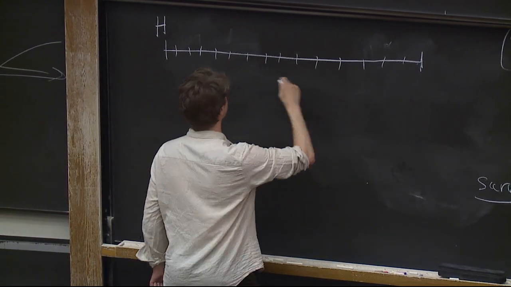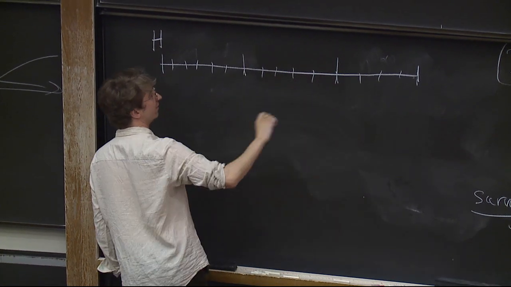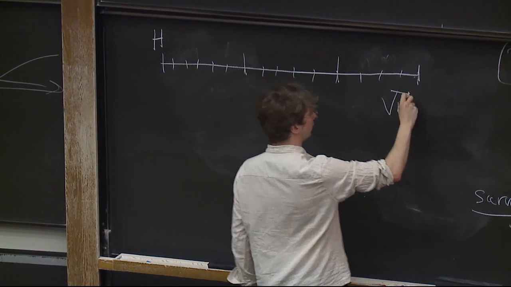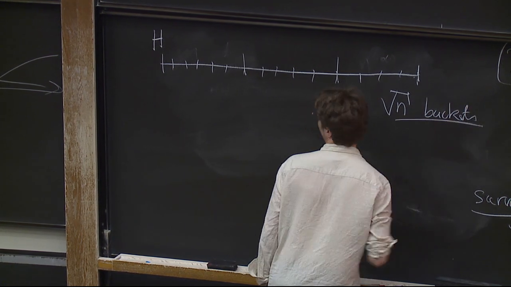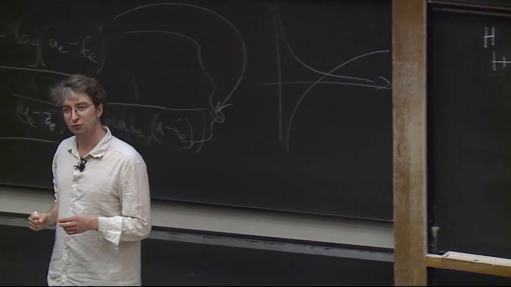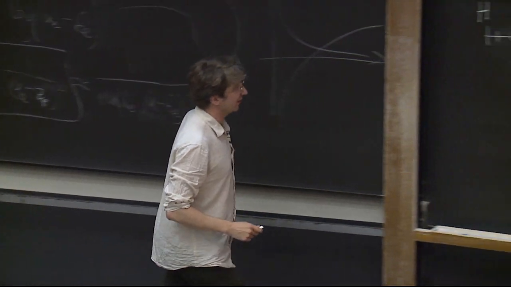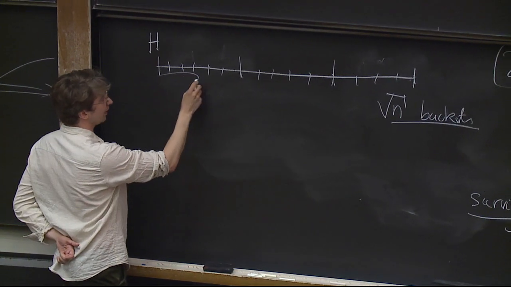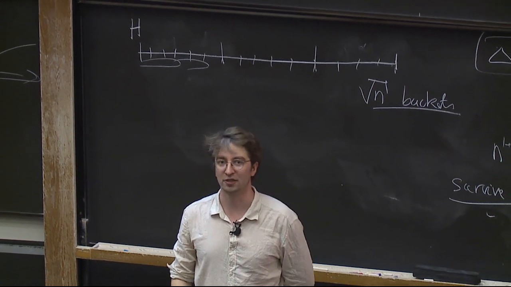Now, let's split this into square root n buckets. Okay. And now what we're going to do to have a good spanner always is that when we're inside a bucket, how many updates are in a bucket if there are square root n buckets?